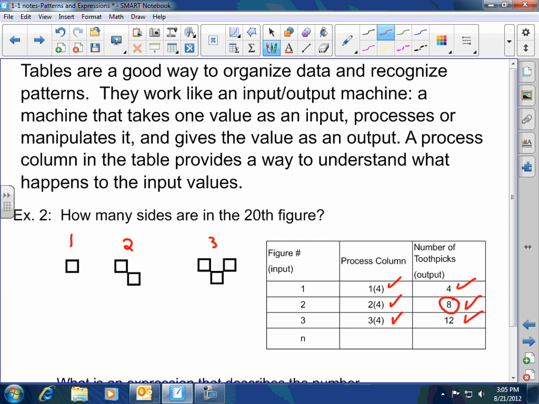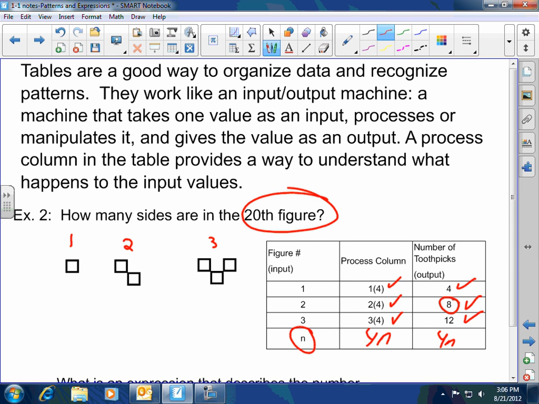So for our 20th figure, let's look at n, because n can represent any figure number. What's happening here in the process column is that for every figure, we're multiplying by 4. So for the nth figure, we're looking at 4 times n, or 4n. The number of toothpicks would be 4n. Now, back to our original question.